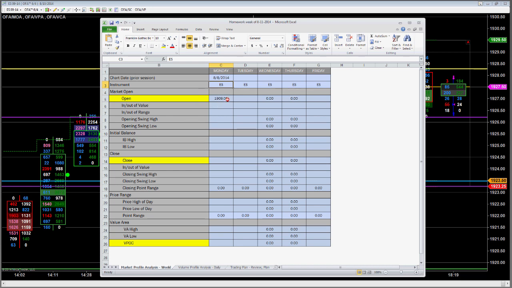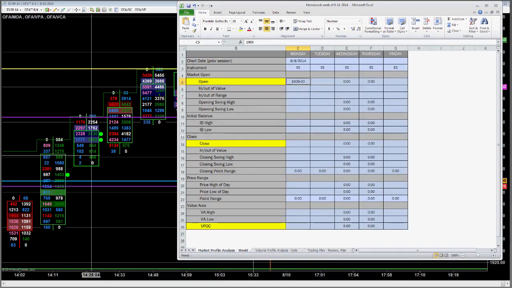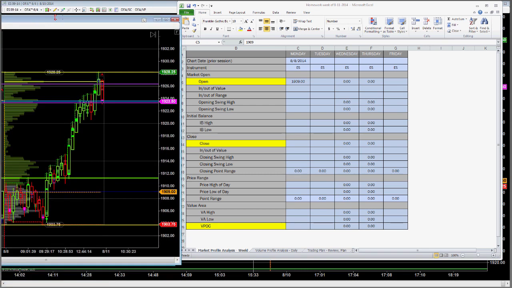All right, so what we're going to do is start charting these things. Our open was at 1909 even. One of the things that I do to start charting this is I bring down my handy dandy chart. I know you have this template.